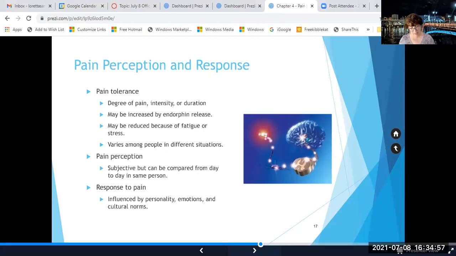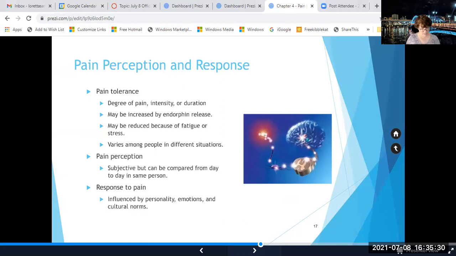Sometimes your pain tolerance can be increased by endogenous endorphin release, endogenous opiate release, or your pain tolerance might be reduced because of fatigue or stress. And it's going to vary from person to person in different situations. So pain perception and response are subjective, and they depend on the individual. You can't really compare it from person to person, but you can compare it from day to day in the same person.